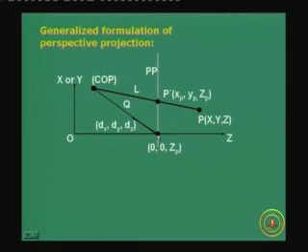so the coordinates are 0, 0, zp as given in the bottom of the picture, and the center of projection or the COP is along a direction vector given by dx, dy, dz respectively. These are the direction cosines of a vector from the point 0, 0, zp towards COP, and the COP is at a distance q from the point 0, 0, zp, that is the intersection of z axis and projection plane.